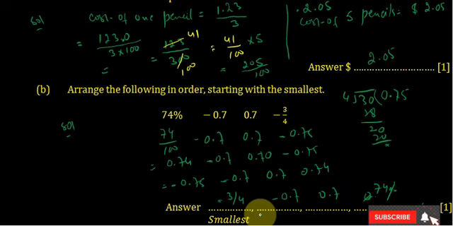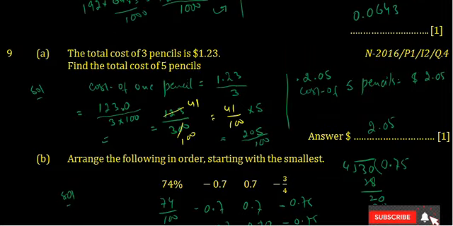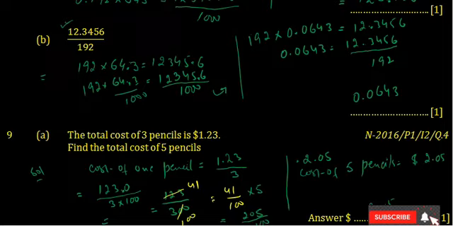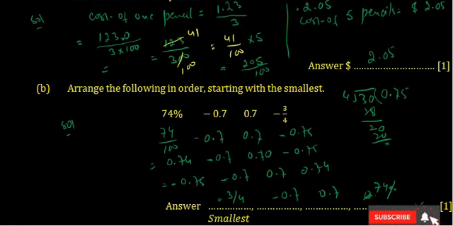So this is the smallest, and then the bigger ones. So this is all about this question, extracted from the November 2016 paper 1, and I am sure you all must have got it. If there is any problem, write in the comments. I will reply in the next video.